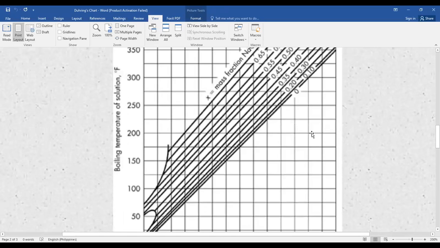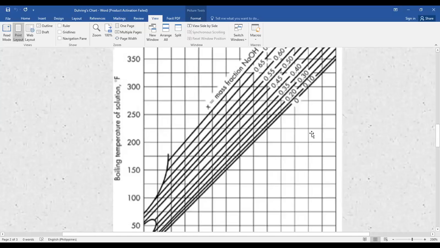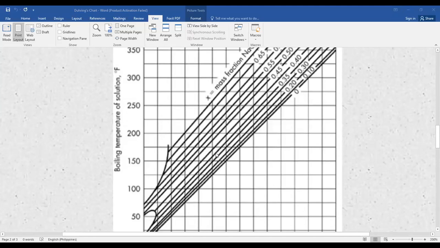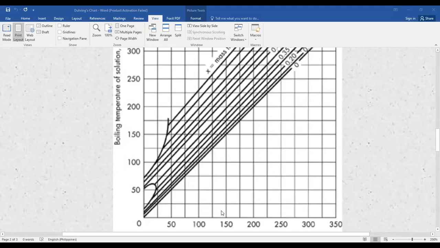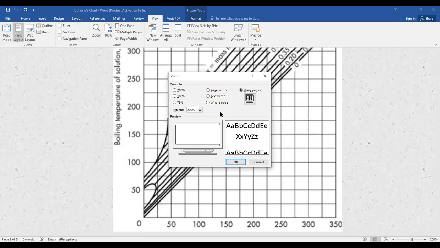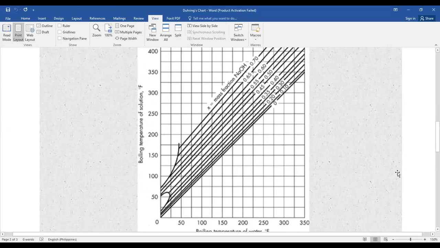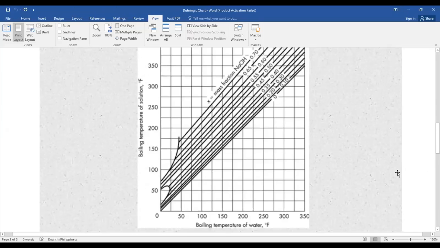Okay, so this is your 50. I'll go down until I reach 125. Okay, this is better, as long as I can see the 50.